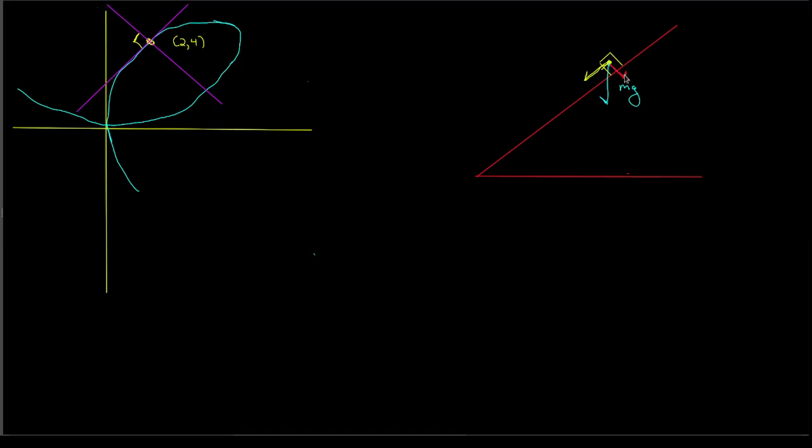Right? There's a component of gravity that forces with the surface, and it causes an equal and opposite reaction to the surface.